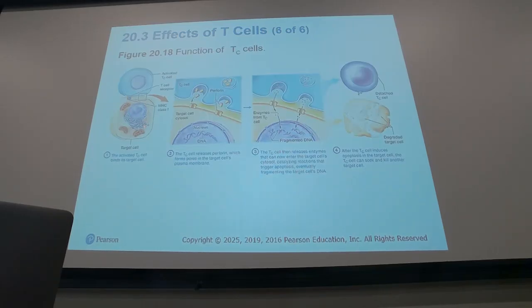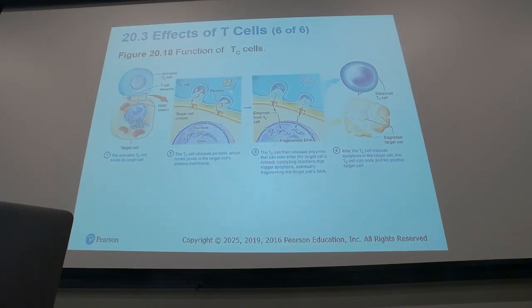The effects of cytotoxic T cells: once they become activated, they will release these molecules called perforins, and these perforins will make these gaps, these pores, in the target cells so that the target cells will leak their contents. So these directly autolyse or destroy these cells, whether they are virally infected cells or bacterially infected cells.